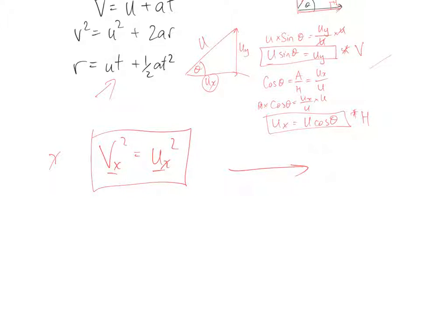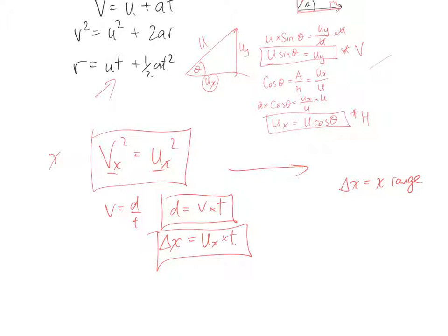We know we have an equation for velocity. Velocity equals distance on time. Distance equals velocity times time. This one, if we put our distance in, it's our x range, or our horizontal distance, equals velocity, ux, times time.